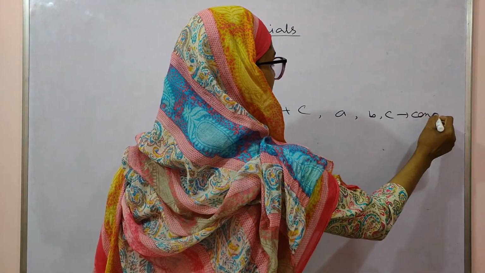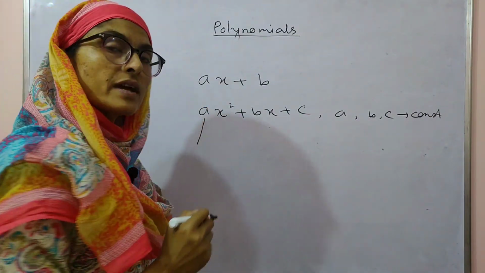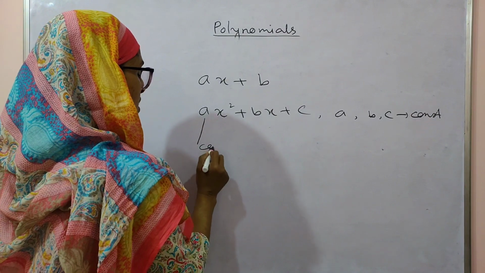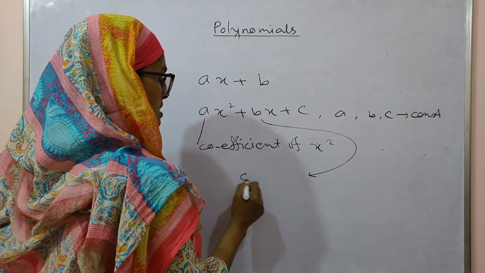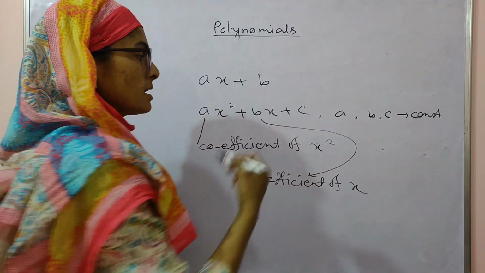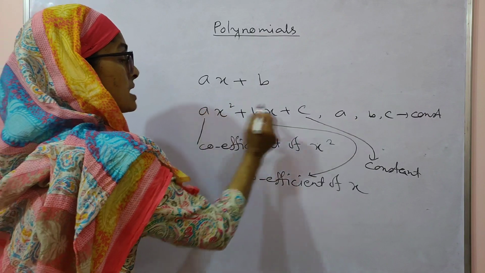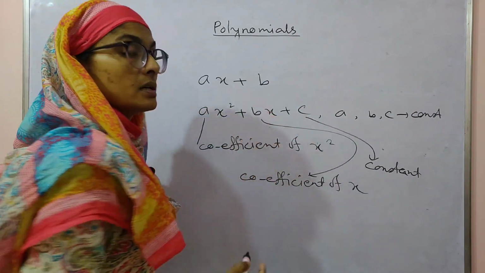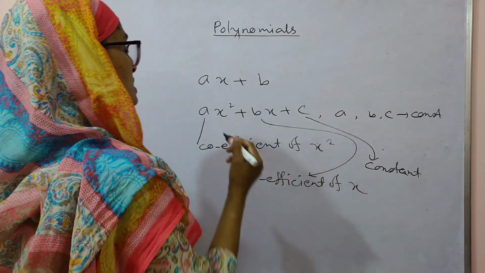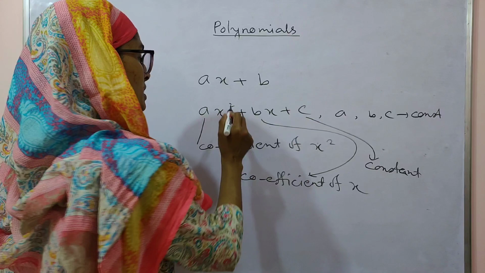All are constants. a is called the coefficient of x square, b is called the coefficient of x, and c the constant. And the highest power of the polynomial is called the degree of the polynomial. Remember this.